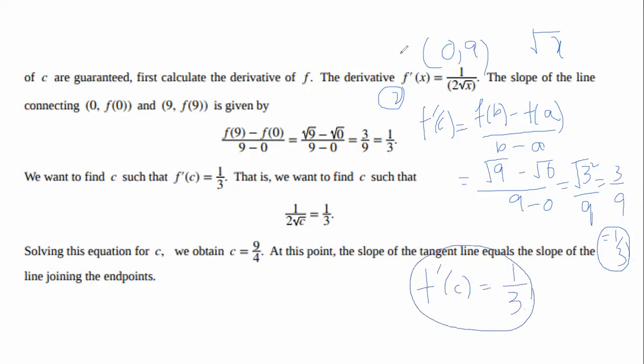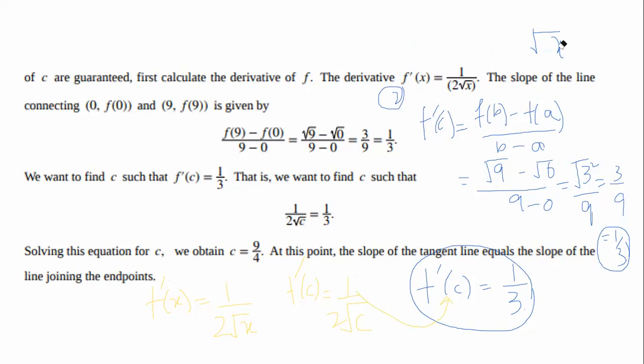Okay, as I found, the derivative of f(x) equals 1 upon 2 under root x. So f'(c) will be what? Just replacing x with c. So f'(c) equals 1 upon 2 under root c, which I found in step number 1. So I have to replace this value here.